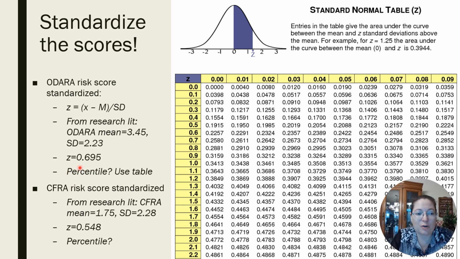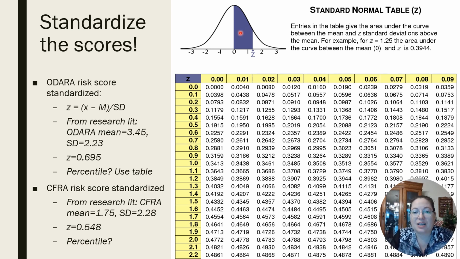So we're at 0.695. So we look here, 0.6, and then we scroll over to see the 0.95, so we end up here, 0.2549.